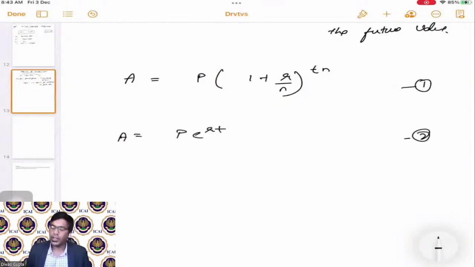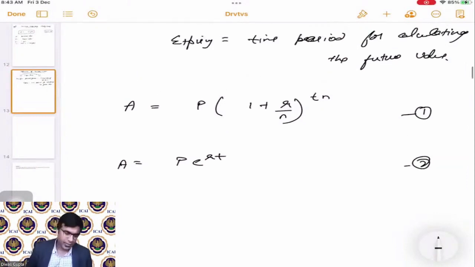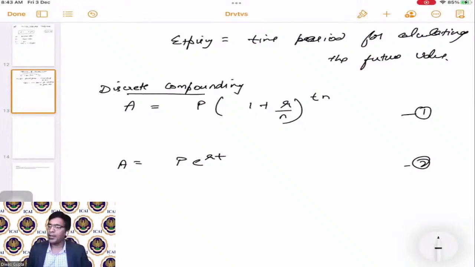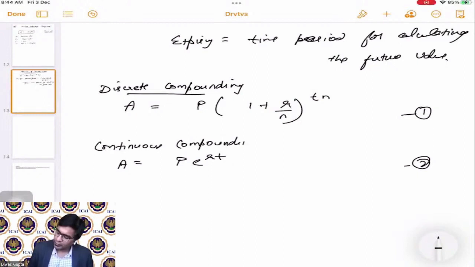I'm mentioning here, this is discrete compounding. Discrete compounding means it's not happening on a continuous basis. And here it is continuous compounding. I hope this is clear, students.